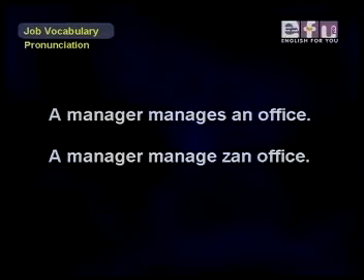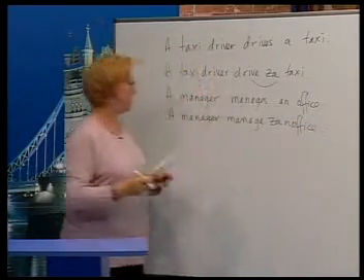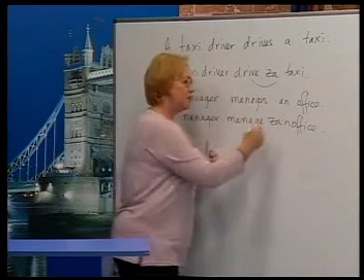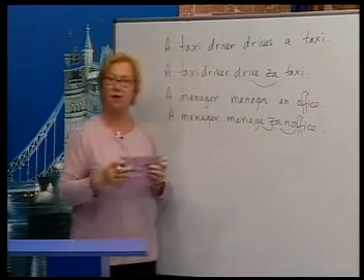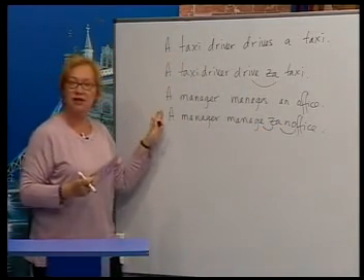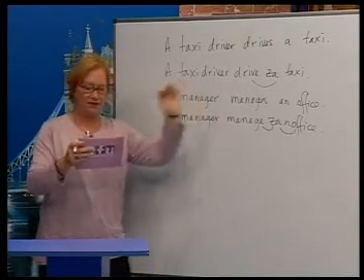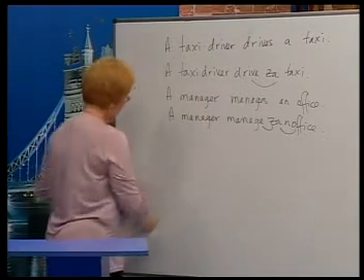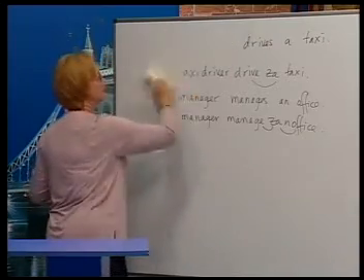A manager manages an office. A manager manages an office. So these go together. All right? A manager manages an office together. All right? Now, let's do some practices and we'll see what some other sentences look like.